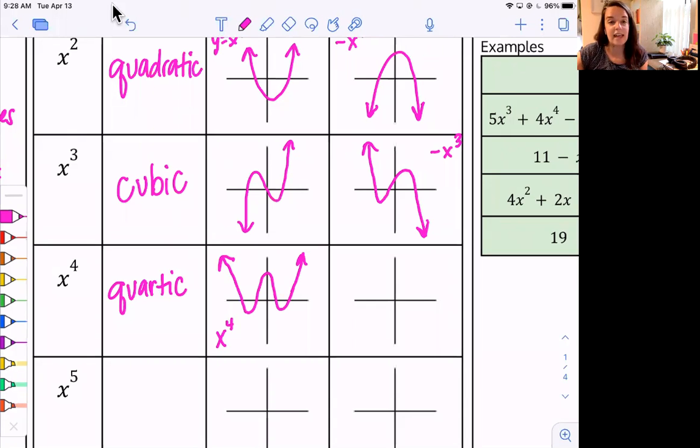Spoiler alert, it can look like a quadratic. It can look like a flattened quadratic, something like this instead. It can look like this, like it flattens out and then goes up. That's kind of the boring version of it, so I don't draw it that way. I like drawing it to look like a W, but it can technically look like that.